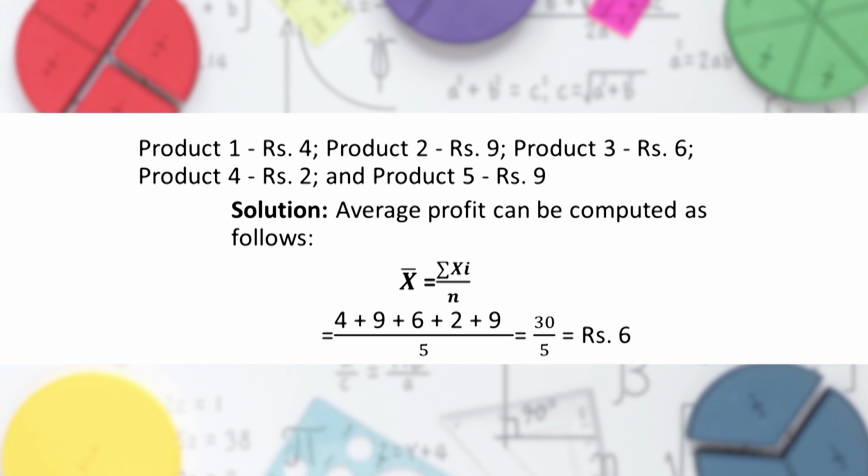Then you divide by the number of observations, which is denoted as n in statistics, and the number of observations is 5. So, if you divide 30 by 5, you get a value of rupees 6 per unit. Now you can say that company X is earning rupees 6 per unit from its 5 different categories of product. Is that clear to you?